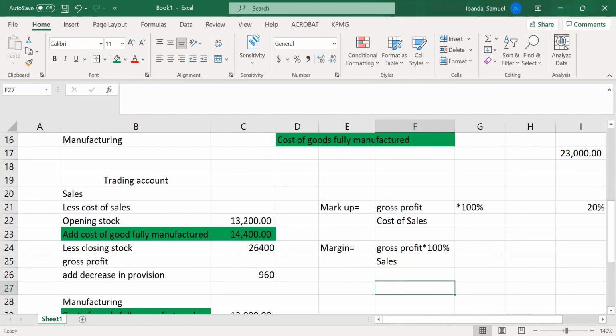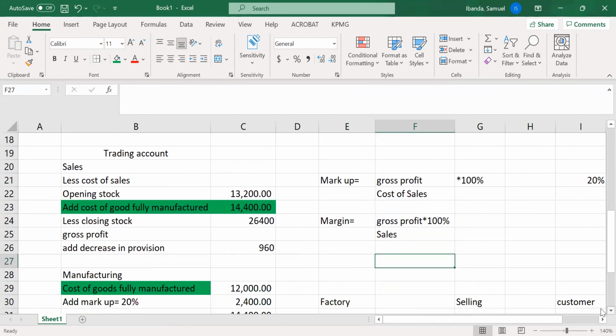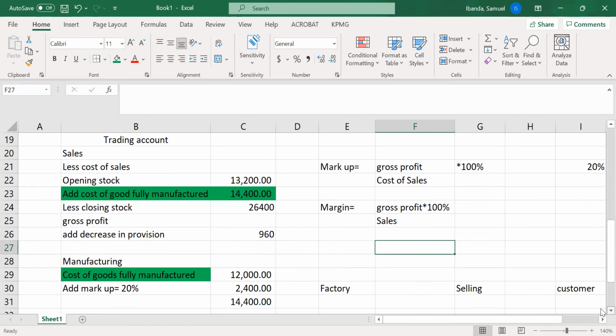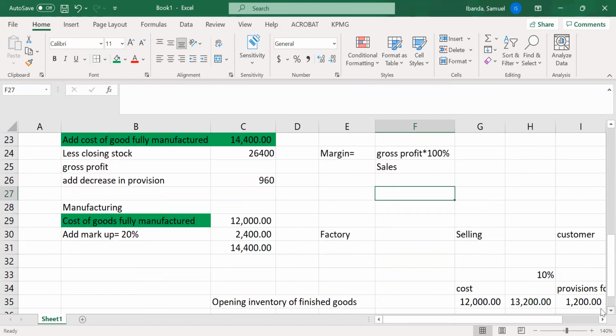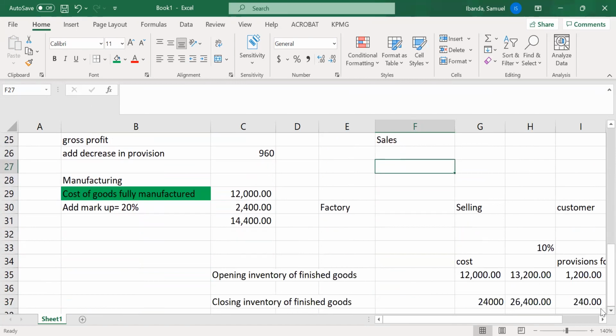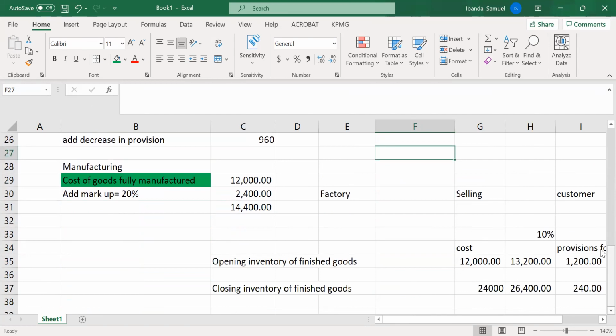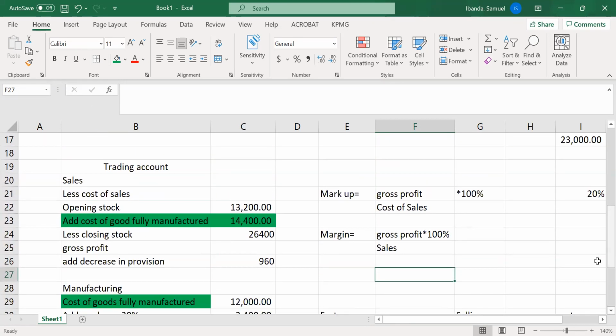Now, I want to say that margin and markup have a relationship, okay? Even if you've not been given markup, but you've been given margin, you can still work around to get a markup.